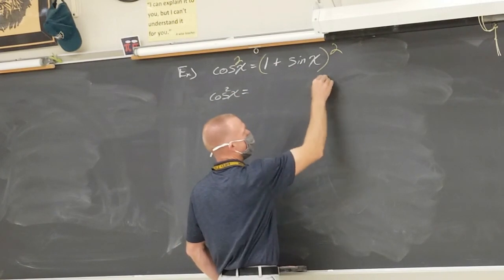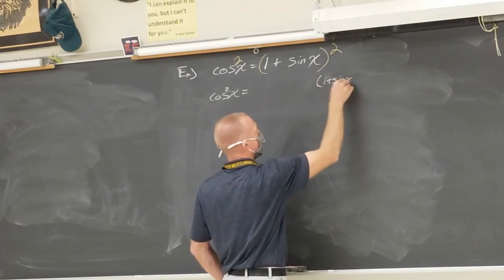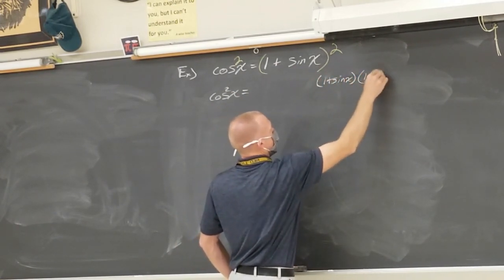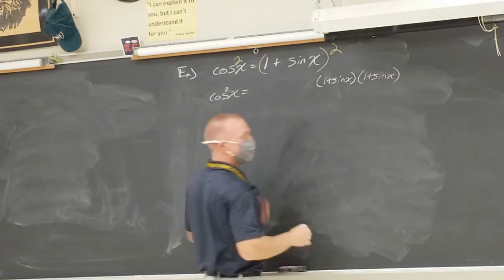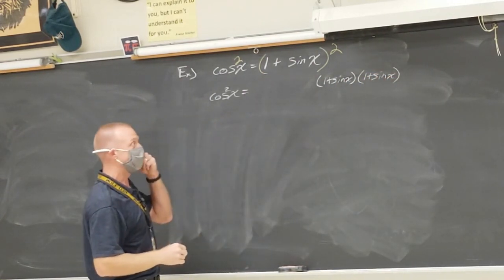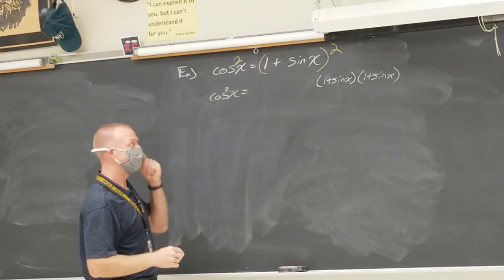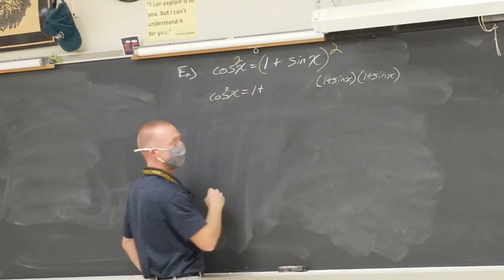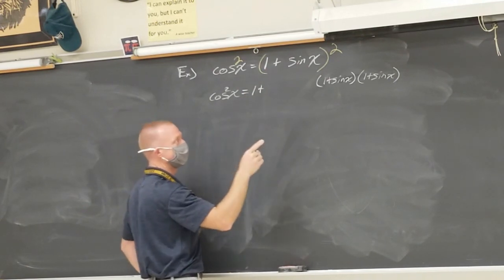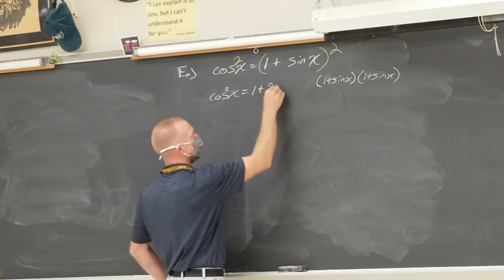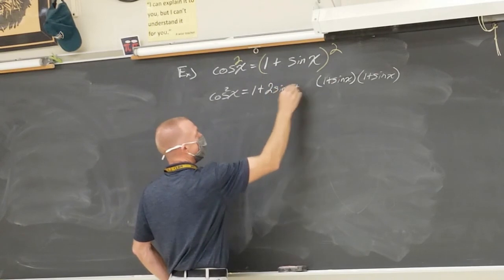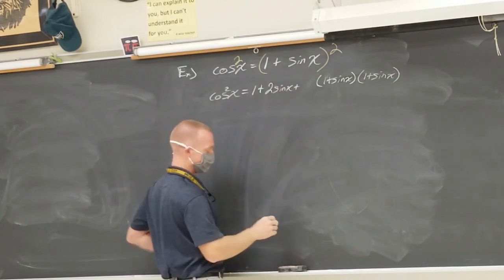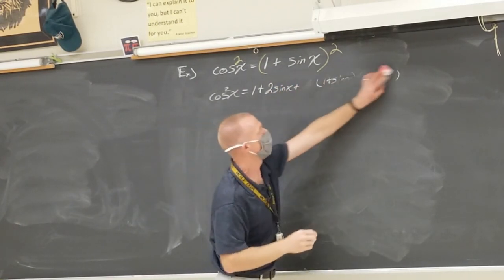Please think of that as 1 plus sine times 1 plus sine. Now, some of you will do that in your head. Some of you will write it out. It's fine, no matter what you do, as long as you correctly square 1 plus sine to get 1, and then to get sine and another sine to be 2 sine, and finally to get sine squared. So we square both sides.